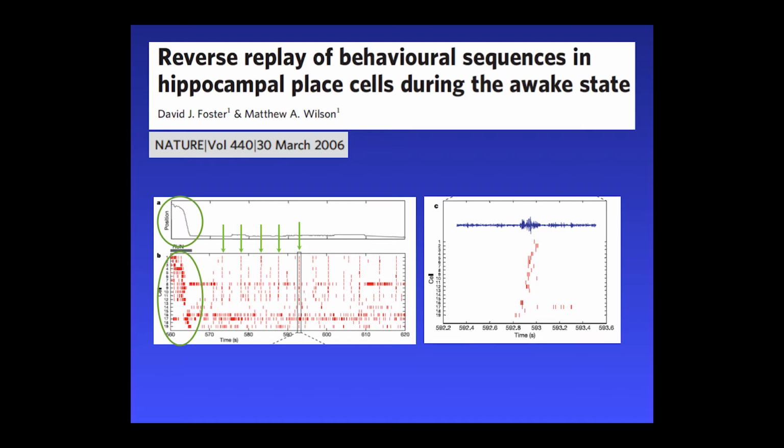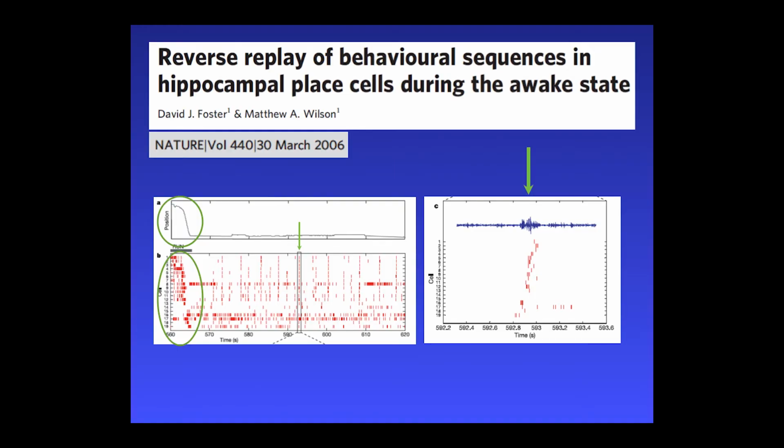After you've gone through this maze, when you're sitting there at rest not doing anything at all, these cells replay that experience, except they replay it much faster and they replay it in reverse. You can see this place going this way, and these little lines here are doing the exact same thing, in reverse. All this stuff is happening when you're not doing anything at all. So the information that's acquired during this resting period is really, really important for brain function.